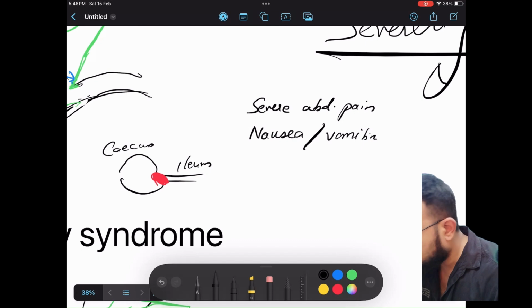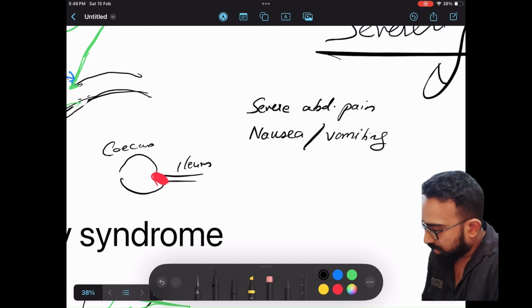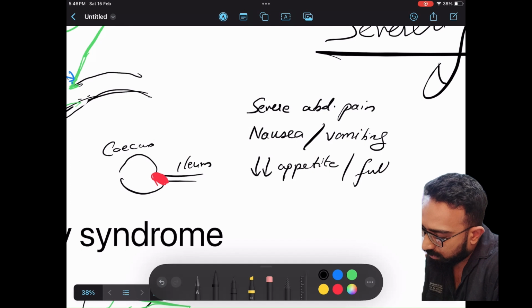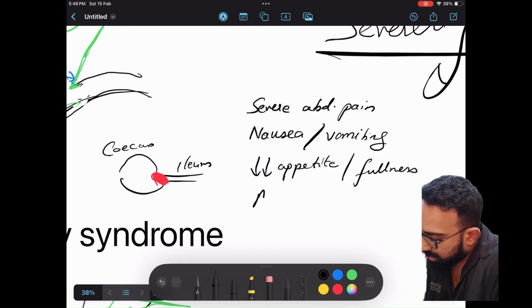All this is very non-specific till now, but decreased appetite. She doesn't feel like eating anything. She has a feeling of fullness, abdominal distension.